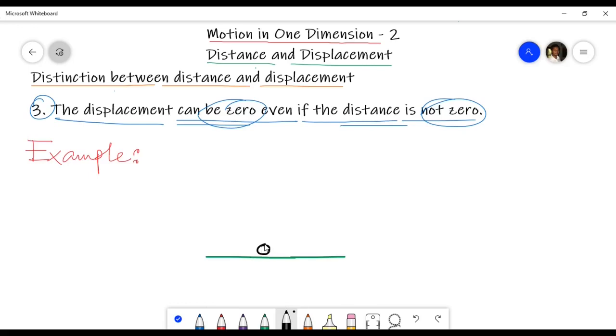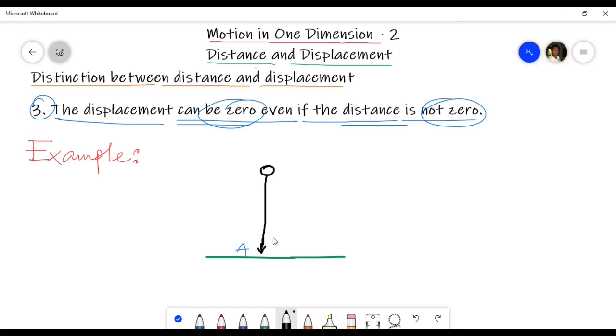Let's say when a body is thrown vertically upwards, if any object is thrown vertically upwards from a point, that is initial point, and let us mark that point as A on the ground, then the displacement of the body will be zero, but the distance traveled by the body is not zero.